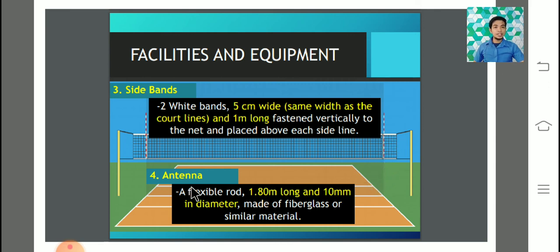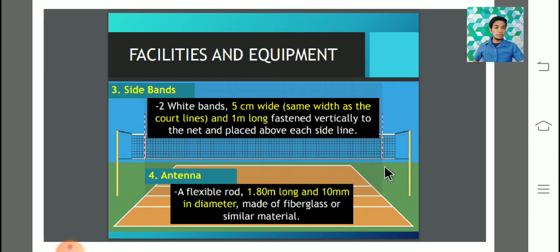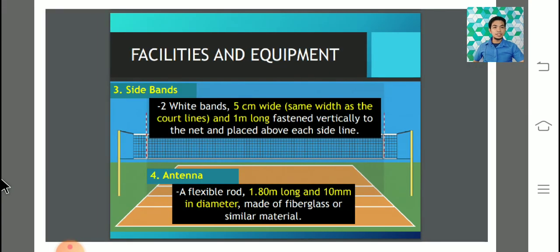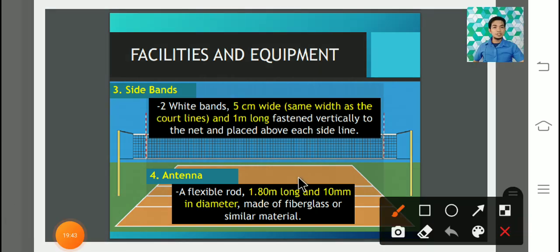The antenna. So bakit nga ba may antenna? What is the purpose of this antenna? Okay, so para malaman natin kung ito nga ba ay outside or inside during the play. Okay? So the height or yung haba, the long of the sizes of the antenna. So ito nga ba yung antenna? Sana yung lapis natin. So ito yung antenna.